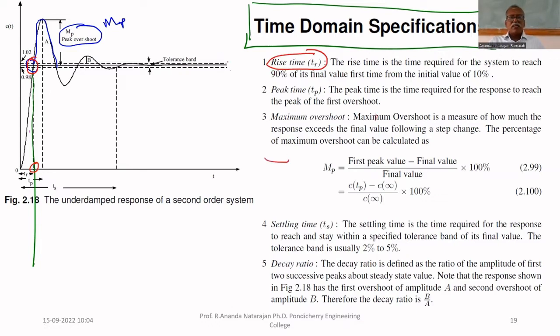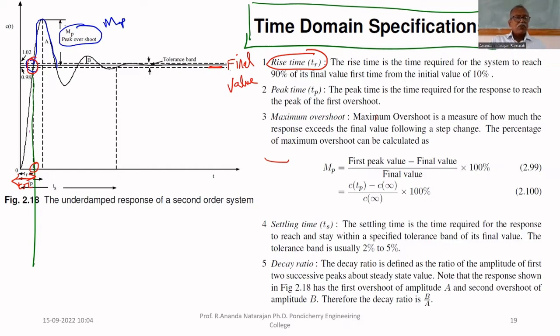Finally, it settles here at the final value. It does not remain there at first, but oscillates. But the time taken to reach the final value the first time is called Tr. This is the Tr value.